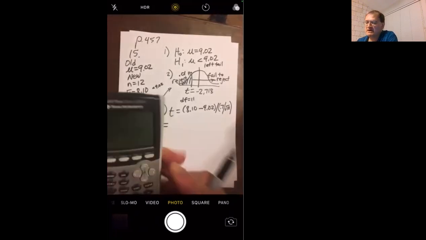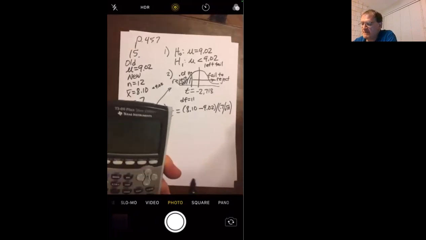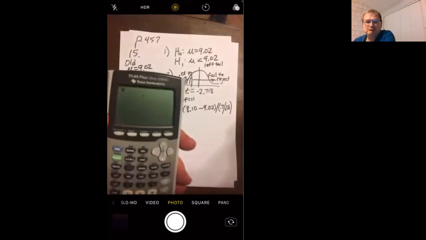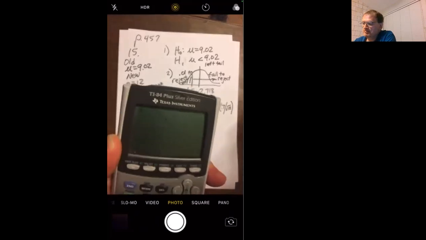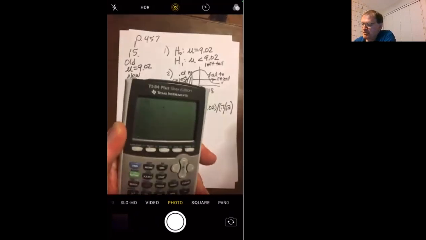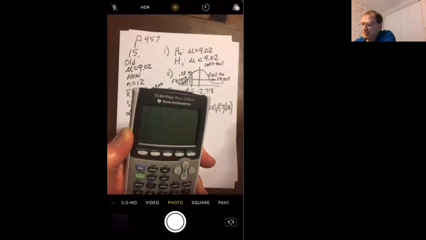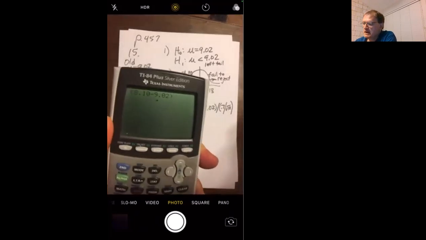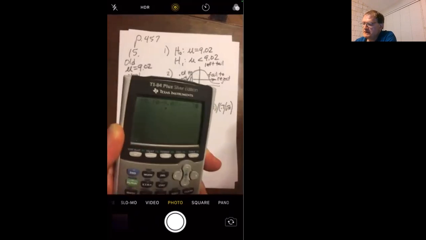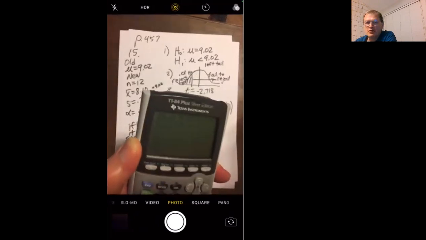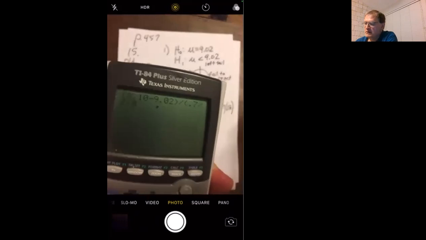Okay, so we're going to push this one out. 0.7 divided by the square root of 12.